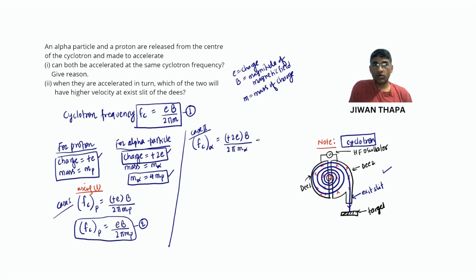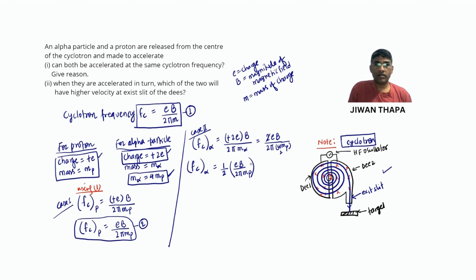So we have 2eB divided by 2π, and we know the mass of the alpha particle is 4 times the mass of the proton. Therefore the cyclotron frequency for the alpha particle equals, simplifying, 1 by 2 times eB by 2π mp.